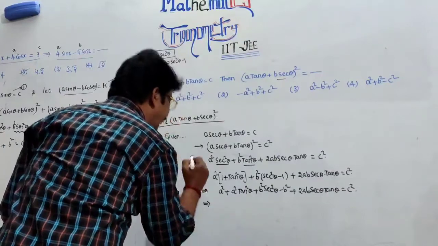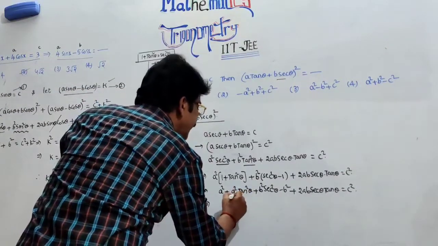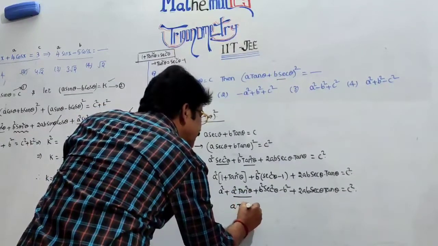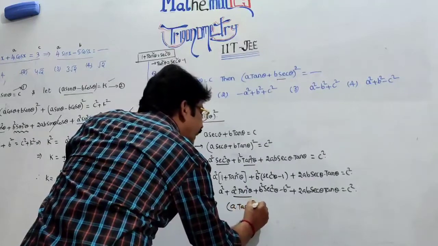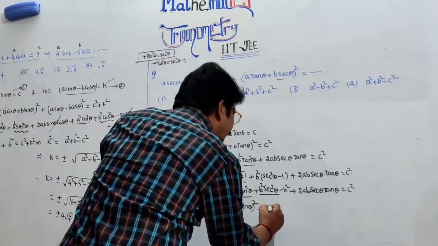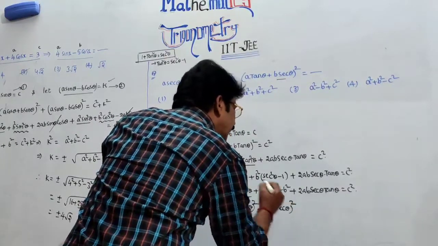So that implies, it can be written as A square tan square theta means it is (A into tan theta) whole square, plus here B square secant square is (B into secant theta) whole square.